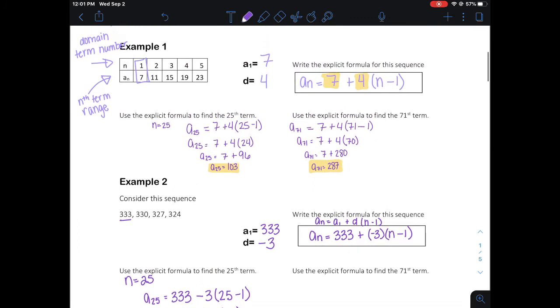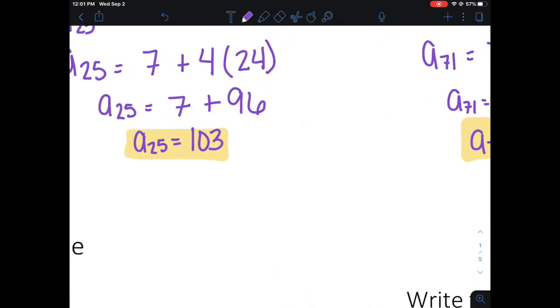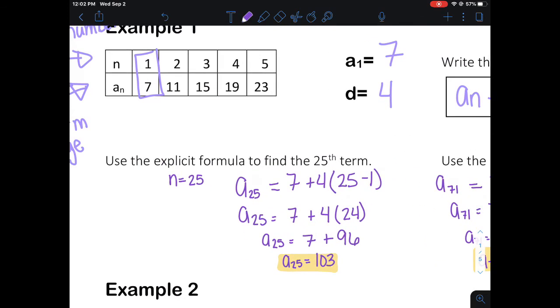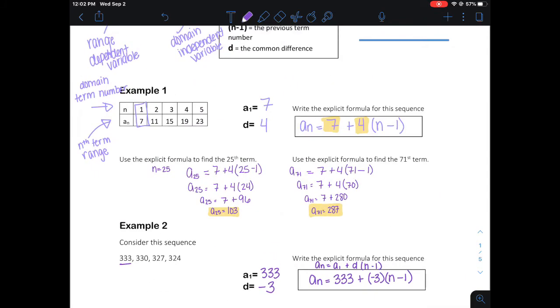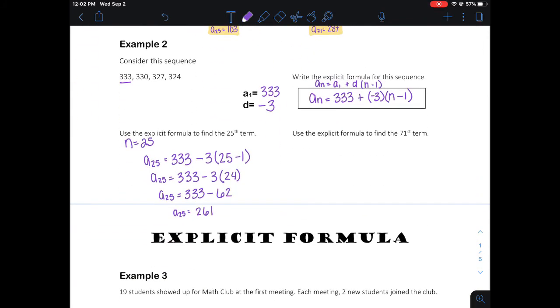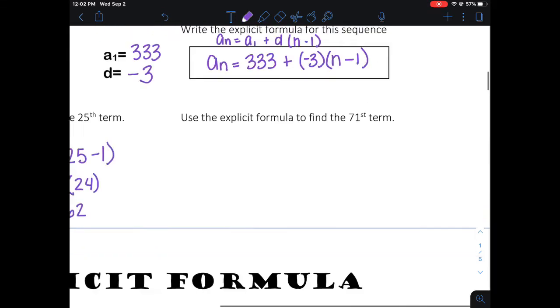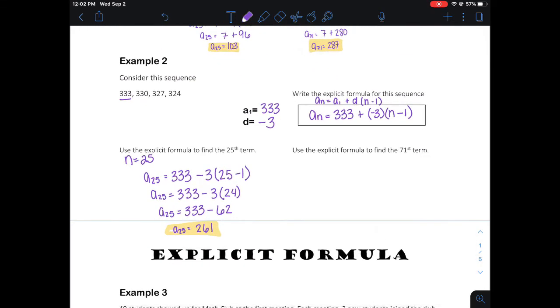Just like in this first one, notice our values are increasing. So it makes sense that our answers, this 103 and this 287, are larger than the values that were previously listed. If they're not, you have a mistake, go back and fix it. And the last part here, find the 71st term. I hope you can guess by this point that our term values are going down, so the 71st term is going to be much smaller.